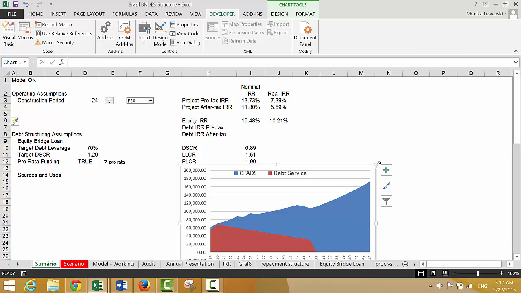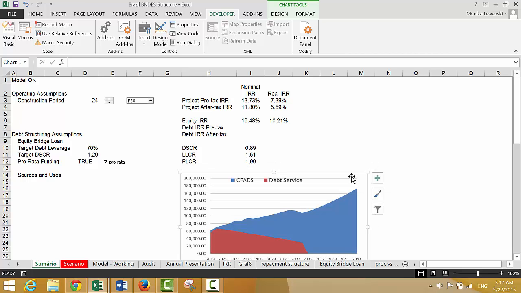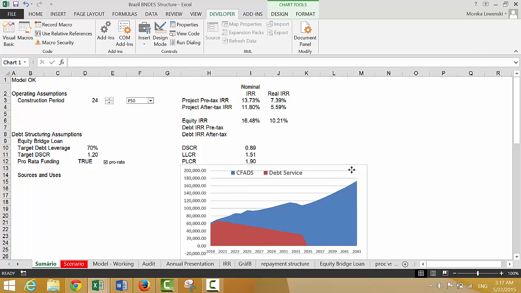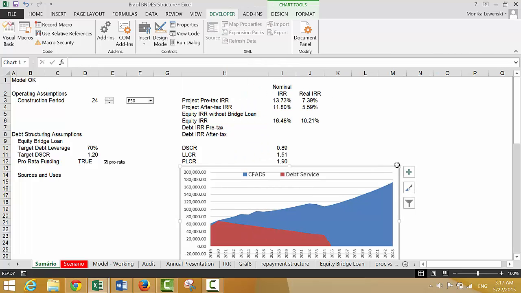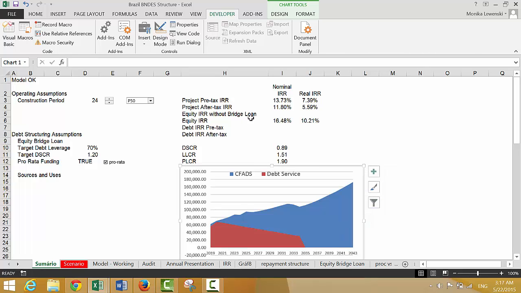Okay. Equity without bridge loan. I don't think I'm that upset that I'm making it long. Okay, we don't need to make that so long.